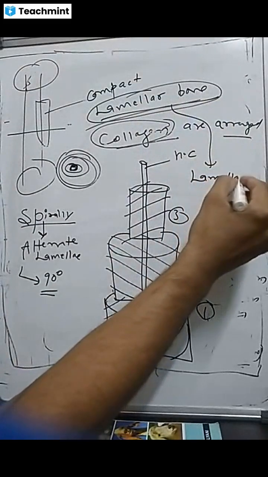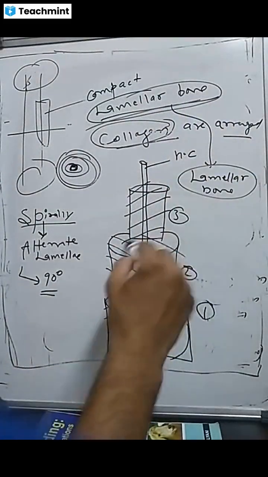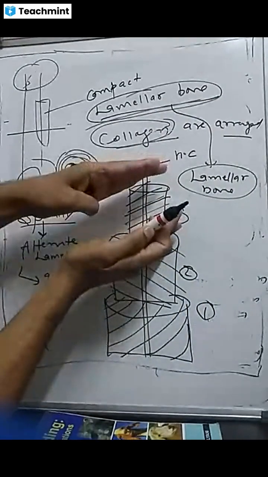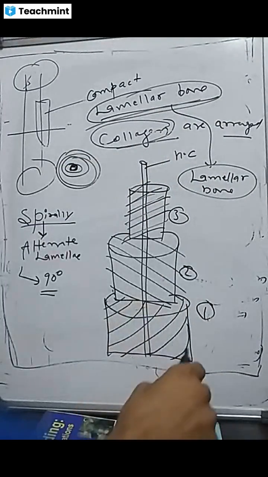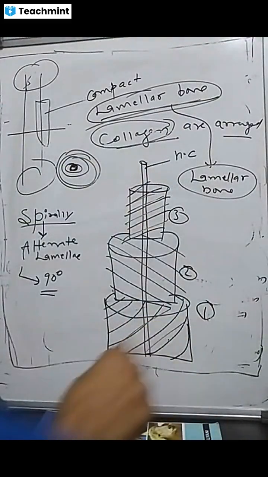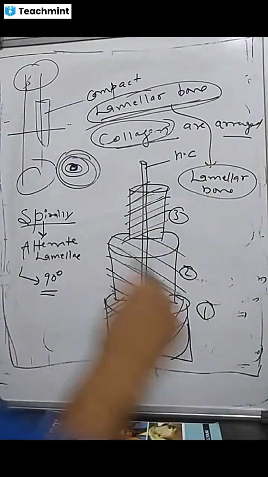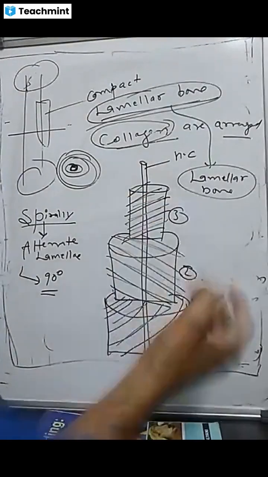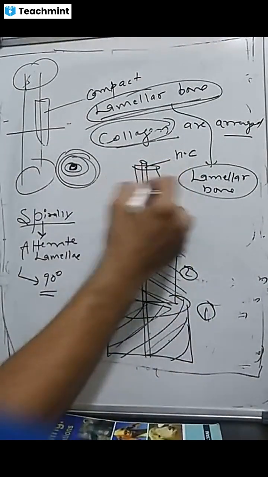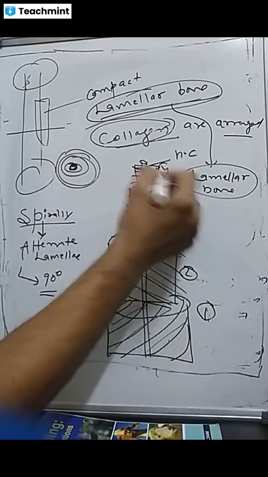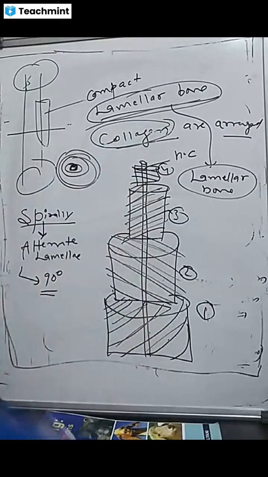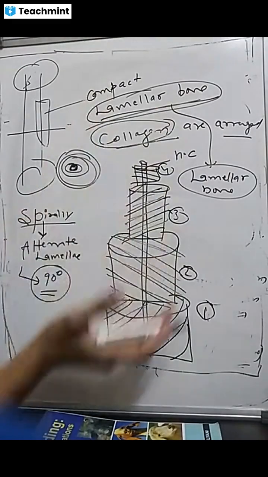In lamellar bone, these collagen fibers are oriented in a pattern. One lamella has one orientation, the next lamella is perpendicular to this, and the third one is again like the first. The first and third are the same, and if I make one more, the second and fourth will be the same. So it is a spiral arrangement, but alternate lamellae are at right angles to each other. Why is this arrangement there?